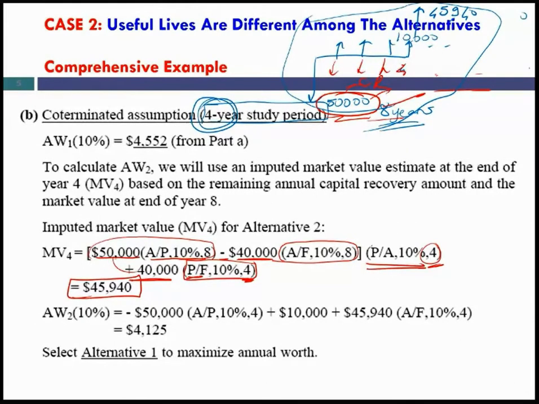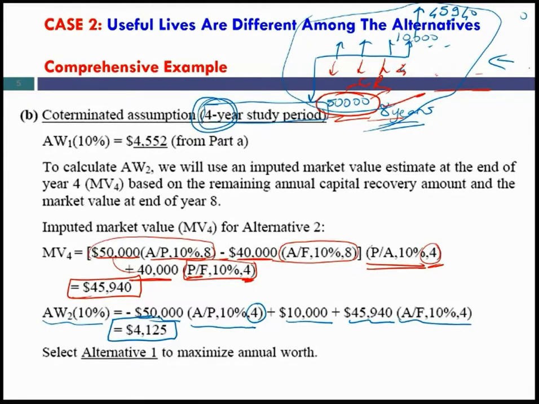I'm going to find the annual worth of the second alternative, due to this cash flow. This 50,000, A given P, now 4 periods, 10,000 already annual, and this is the market value at the end of year 4 that we just calculated, and we find its annual equivalent using this factor, and this is the annual worth of alternative 2.